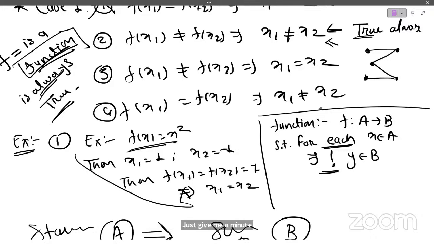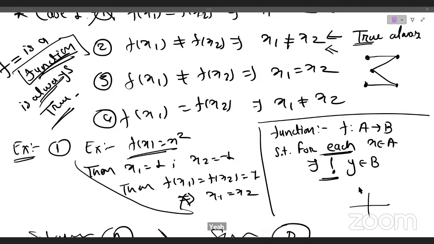Ma'am, I have shared an activity question screenshot. But you said if it is one-one, it will be reversible, isn't it? Yeah, one-one means reversible. And that second statement implies it should be one-one.